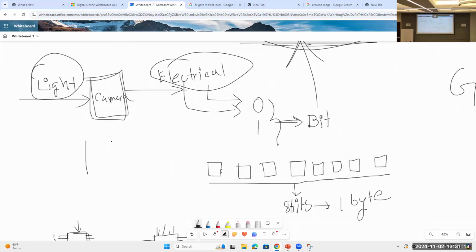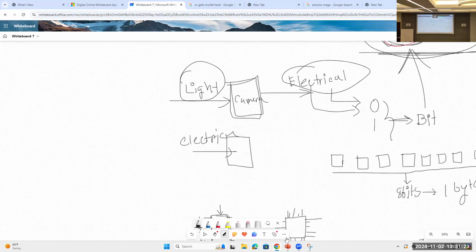The display is the opposite. It takes an electrical signal from, suppose, a processor. Let me draw the whole picture.